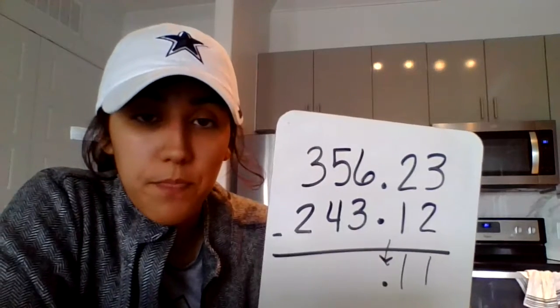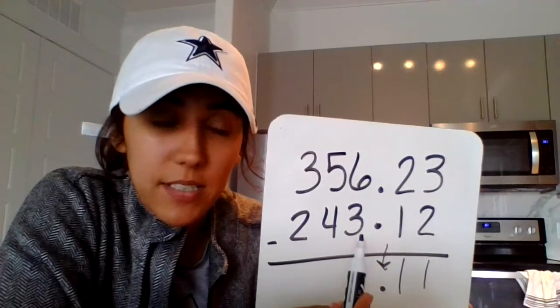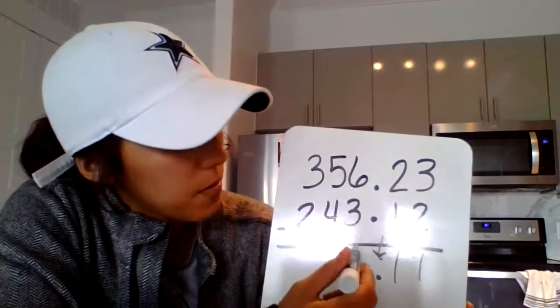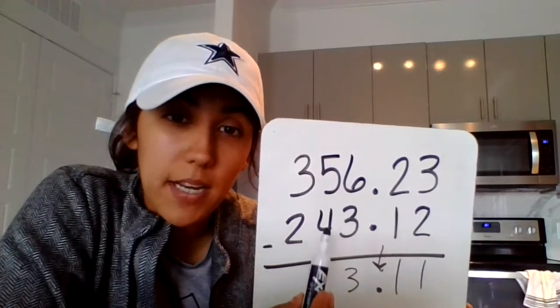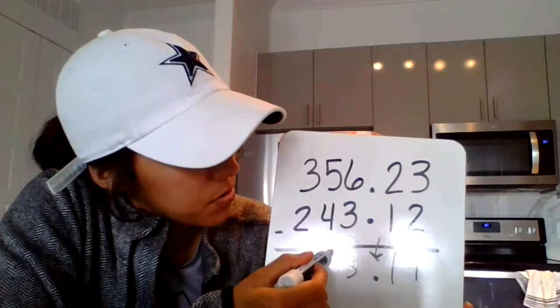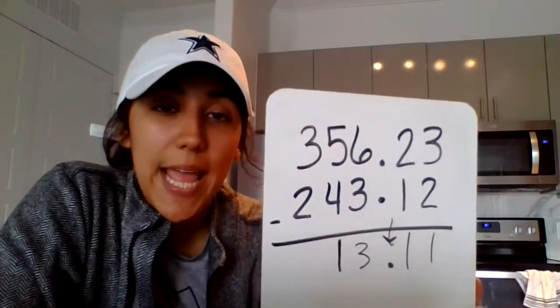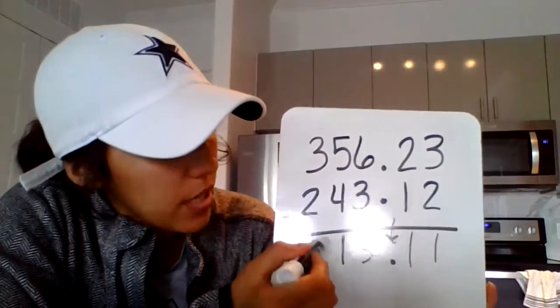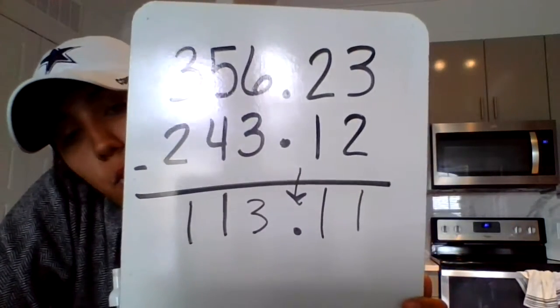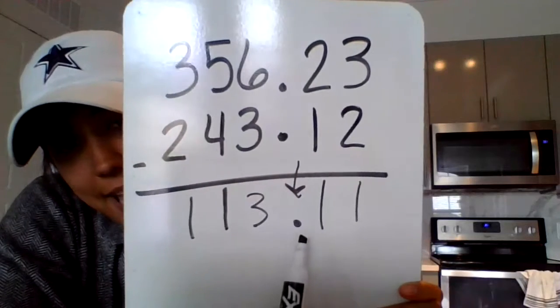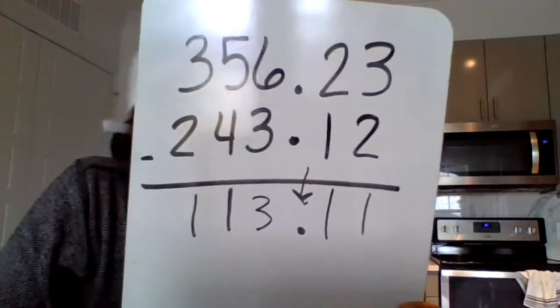Drop your decimal. 6 minus 3 equals 3. 5 minus 4 equals 1. And 3 minus 2 equals 1. Boys and girls, your final answer is 113 and 11/100.